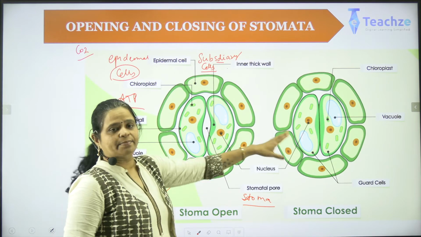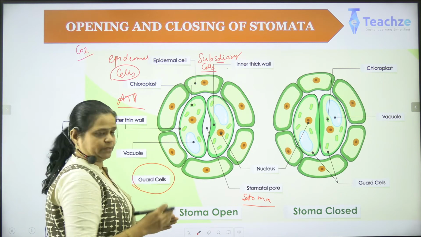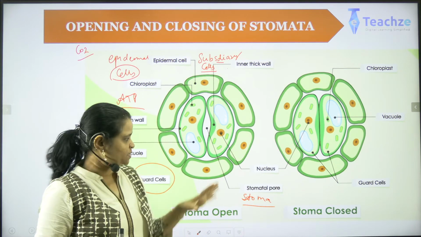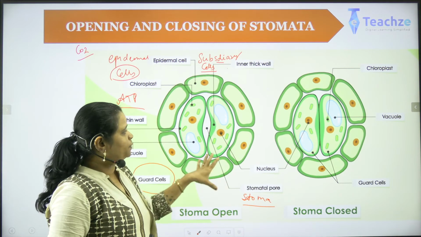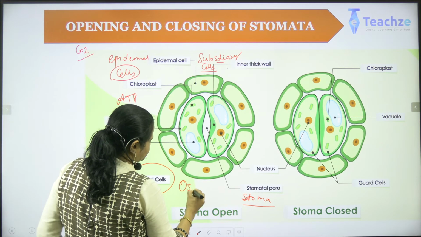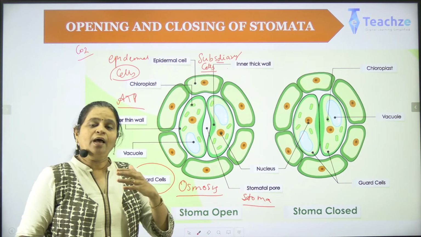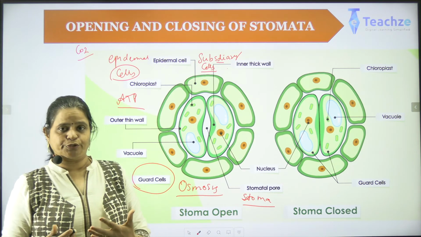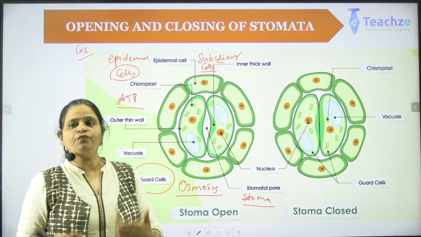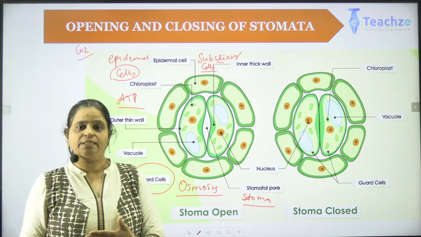Now, how does this mechanism undergo? So we all know morning time generally the stomata are open and stomata are closed generally during the night time. That is how we have understood. Now what makes them to open and close? The process is a simplified process which is called as osmosis. Now what is osmosis? You all know, whenever you have a higher concentration of sugars and a lower concentration of sugars, in between them, you find the movement of water from the lower level of concentration to the higher level.